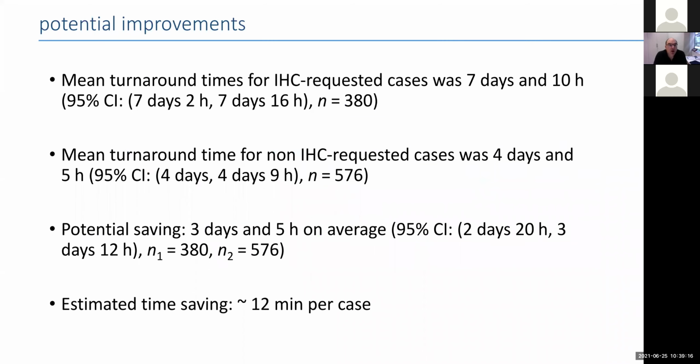So when you look at it, what are the potential improvements? The mean turnaround time for IHC requests, at least in the NHS hospital we are affiliated with, was 7 days and 10 hours.